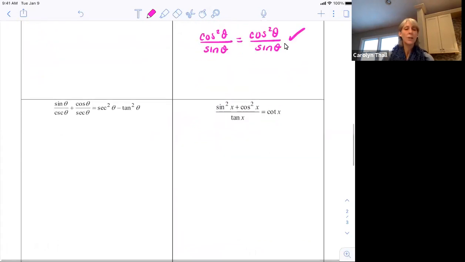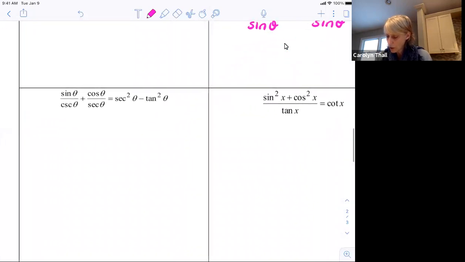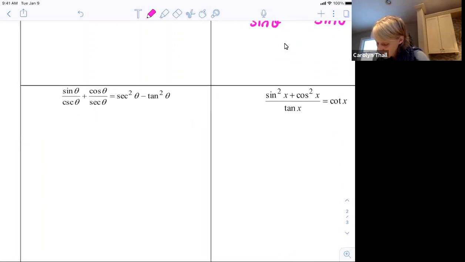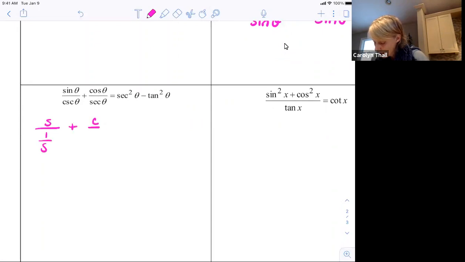Now we'll go back and do one on the left. Sine theta over cosecant. All right, so I'm going to start by rewriting in terms of sines and cosines. This one looks a little bit complicated. So sine times 1 over sine plus cosine times 1 over cosine.